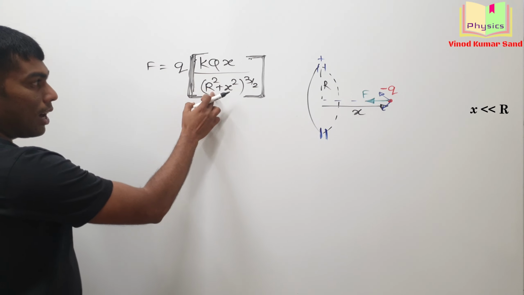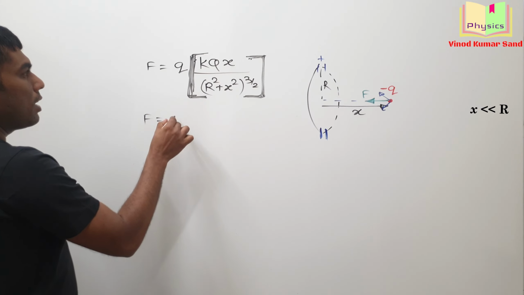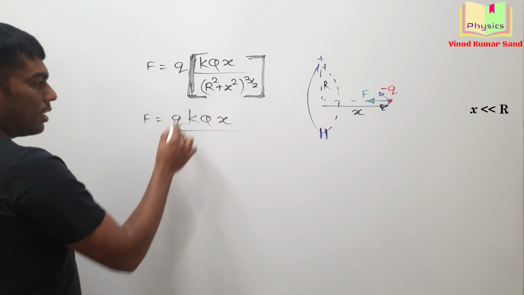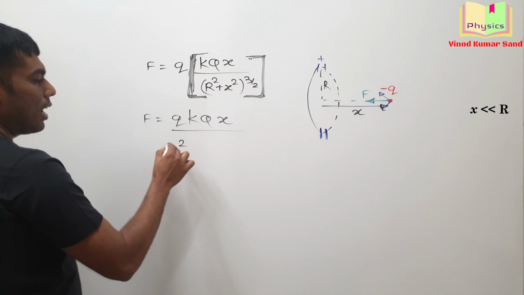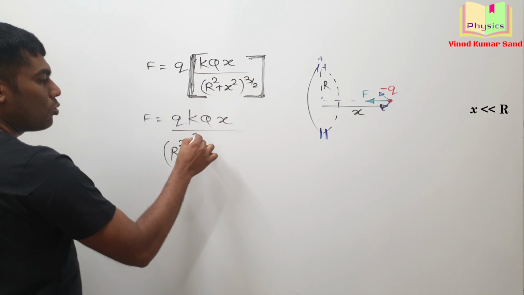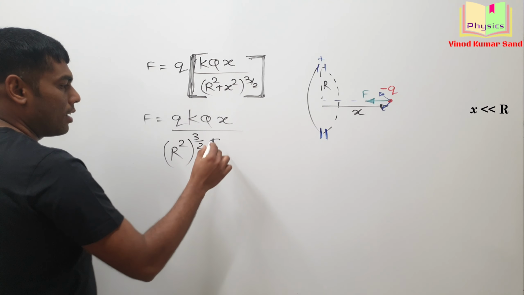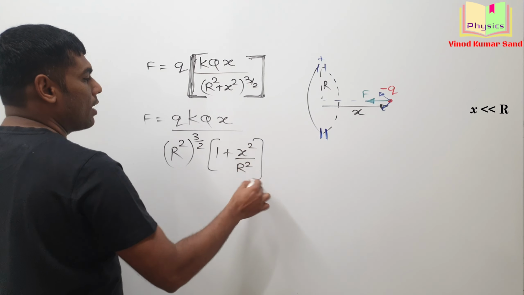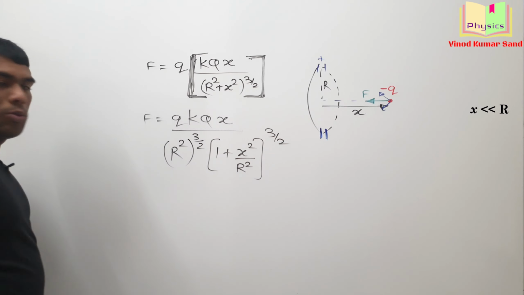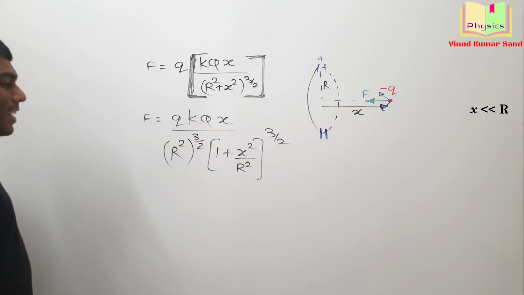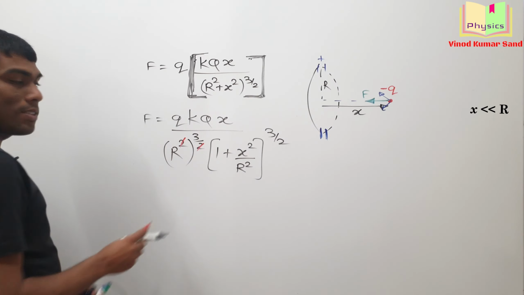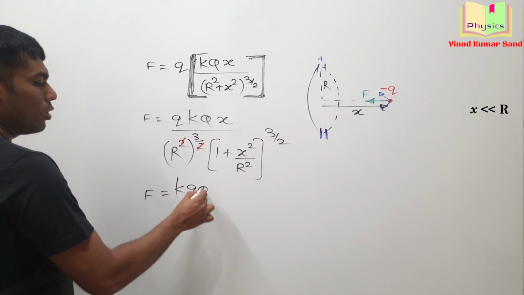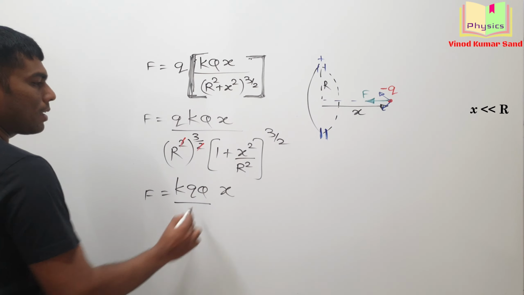So I am taking the r outside. F will be equal to qkQx. Taking the r outside means r square has the power 3 by 2, and here will be (1 plus x square by r square) power 3 by 2. Got it? Now this 2 is getting cancelled out. So F is kQqx divided by.